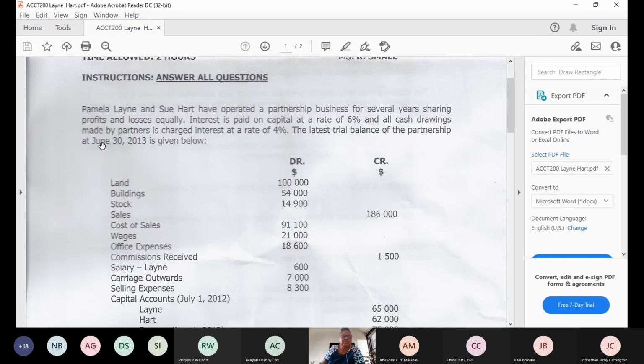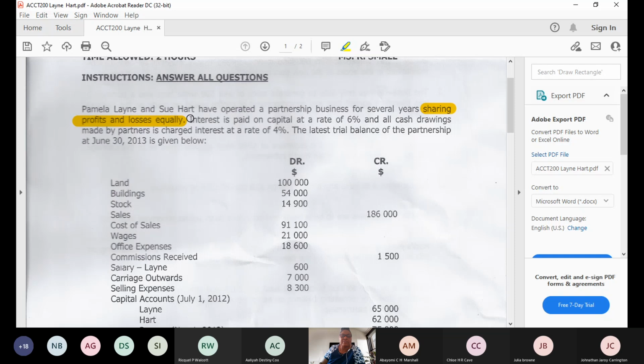So this is the question here saying Pamela Lynn and Sue Hart have operated a partnership business for several years, sharing profits and losses equally. So this is something to note. They are sharing their profits and losses equally. Okay, so this is their agreement. Originally, they're sharing profits and losses equally. Interest is paid on capital at 6%.